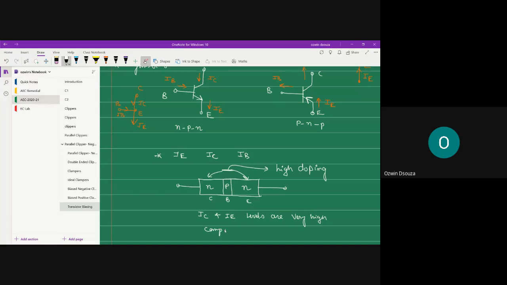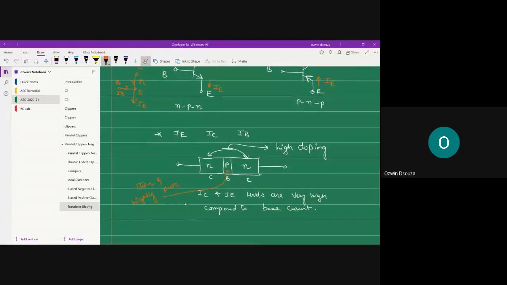compared to the base current. Which is also true because your base layer is thin and highly pure. What do you mean by highly pure?